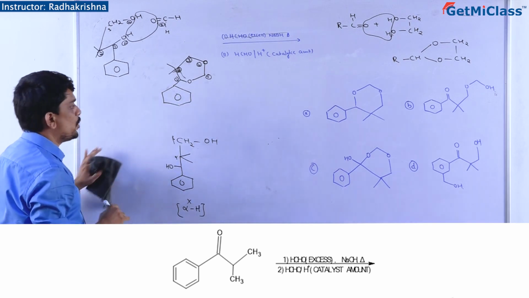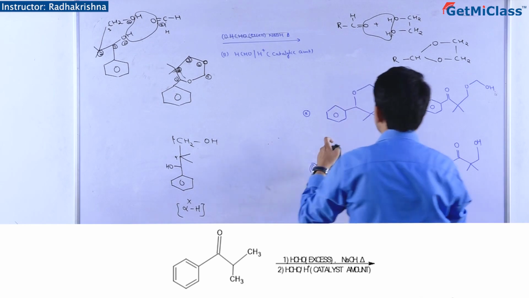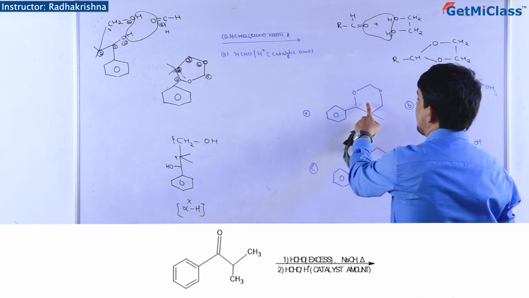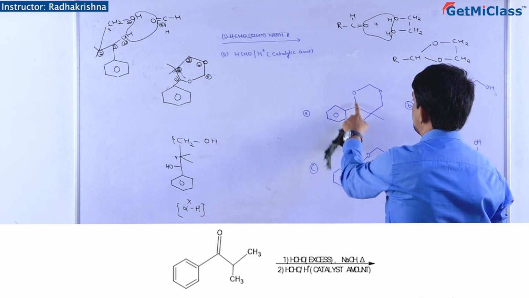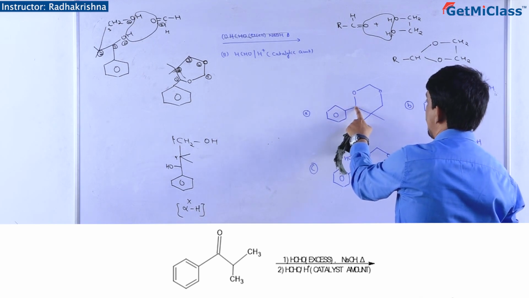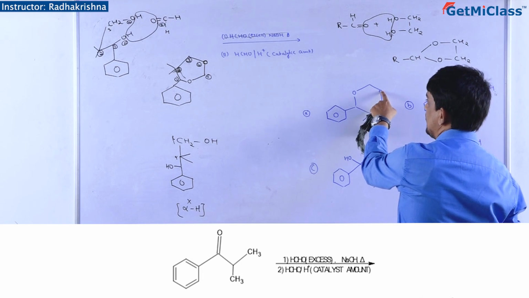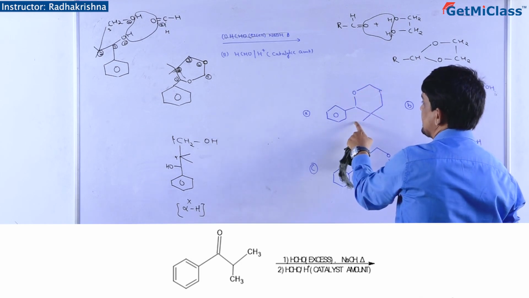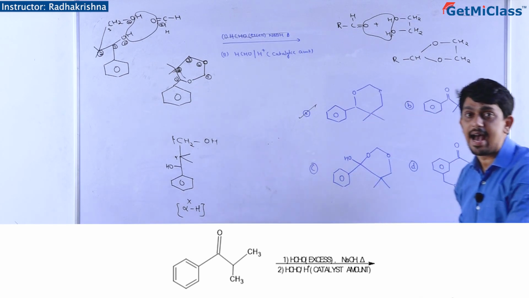Done. So exactly, if you look at the options where you have the same structure, you can see benzene attached to this. 1, 2, there is a branch. Then we have 3, 4 oxygen, 5, 6 oxygen. Yes, exactly this and this structure are the same. So we have to tick option A as the right answer.